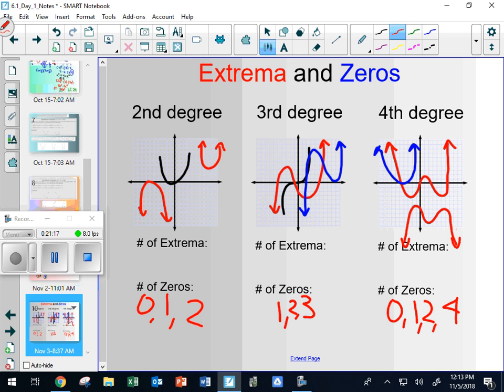And then, how could we do 3? What if we did something like that. So it crosses here and here, but then it just touches here. Then you can have 3 roots, right?